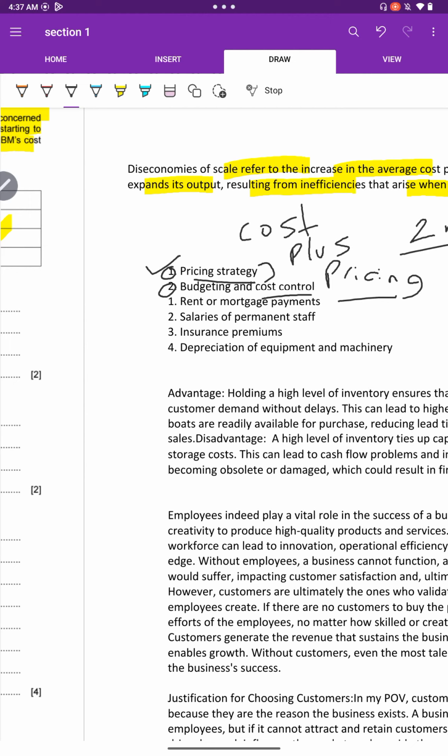You are preparing a budget for your company so that you do not overspend in the production department or in the business. That's why you make budgets. Whenever you make a budget, you need information related to cost. That's why cost is important whenever we are preparing the budget.